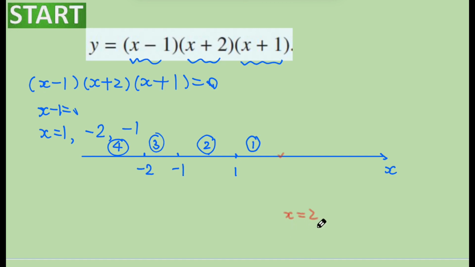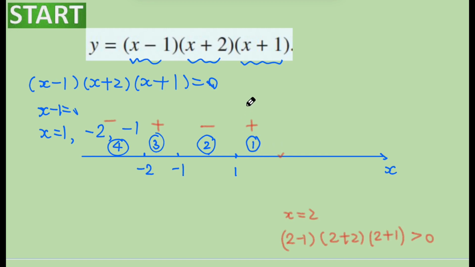When x equals 2, the first bracket becomes 2 minus 1, which is 1, the second bracket becomes 2 plus 2, which is 4, and the third one is 2 plus 1, which is 3. Then the product is positive. Therefore, the first section is positive, the second section is negative, the third one positive, the fourth one negative.